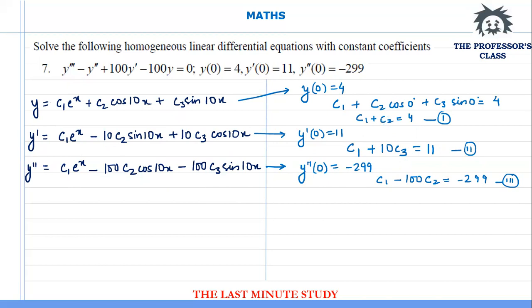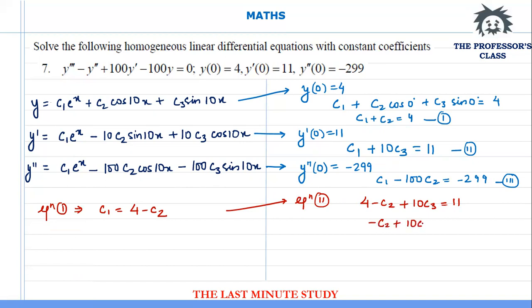Solving equations 1 and 2 first, I'll take the value of C1 from equation 1, which equals 4 minus C2. Now I'll modify equation 2, which will become 4 minus C2 plus 10C3 equals 11, or minus C2 plus 10C3 equals 11 minus 4, that is 7.